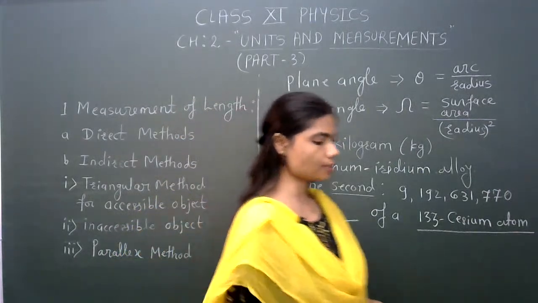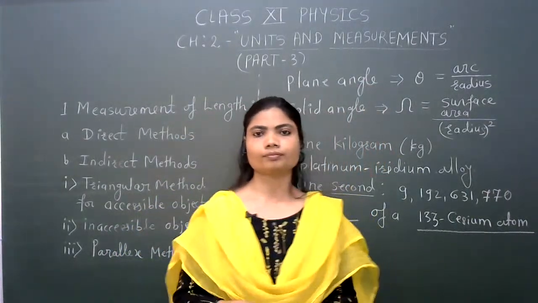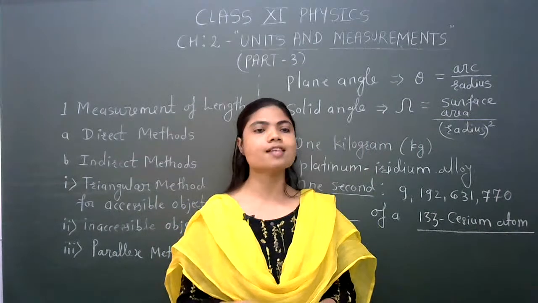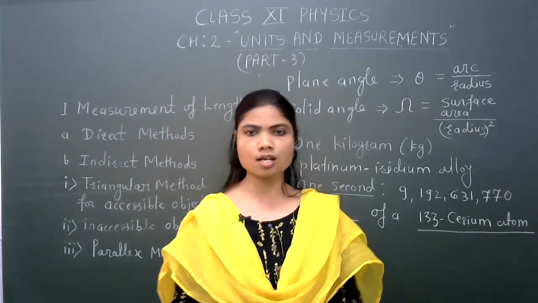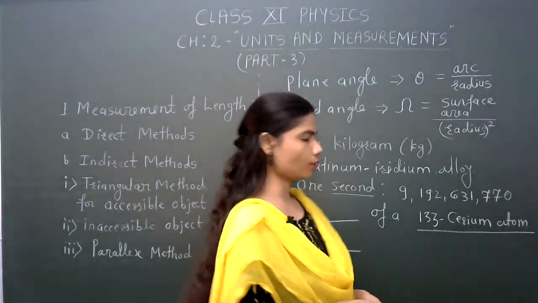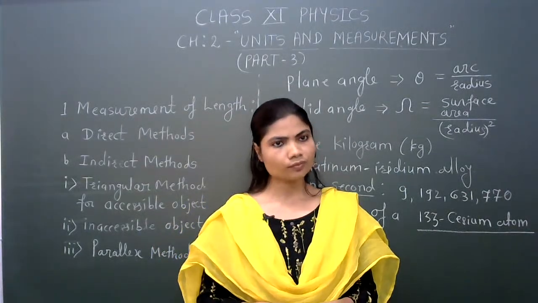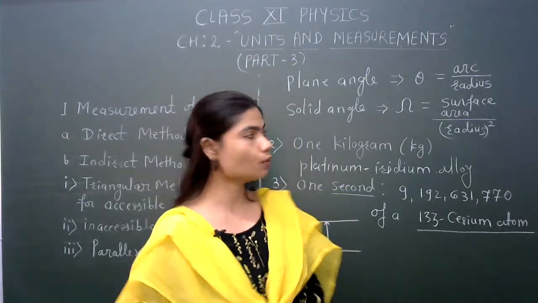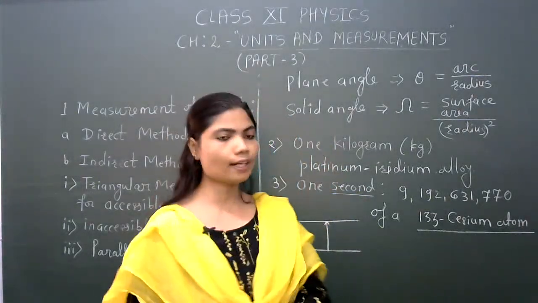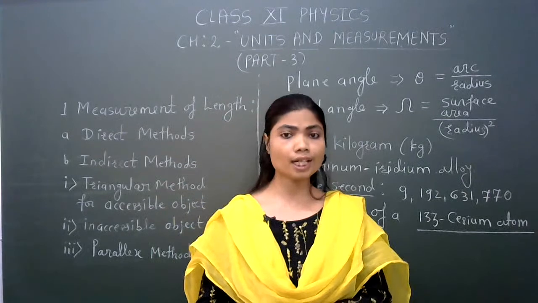And of course its SI unit will be steradian, written as sr. That is known to us and you are aware of that. We have gone through that in the last class, right? So here we understood the concept of plane angle and solid angle, right?